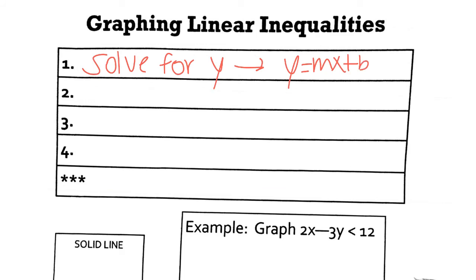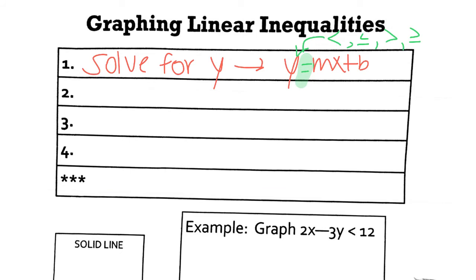However, it's a little bit different because we no longer have that equal sign, right? That is going to be one of my inequality symbols. So that symbol there might be a less than, might be less than or equal to, greater than, or greater than or equal to. So that is no longer an equation, but an inequality.